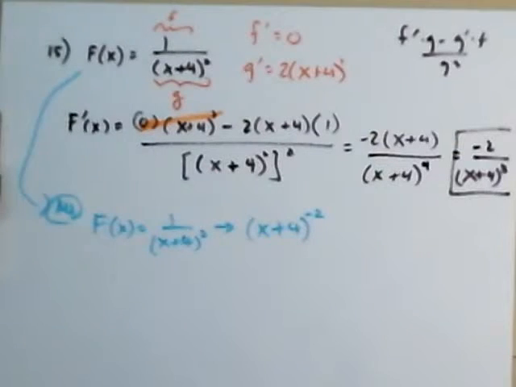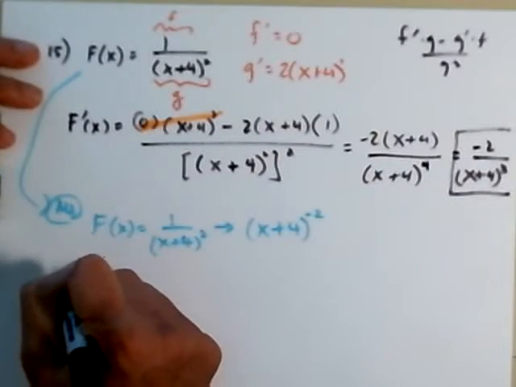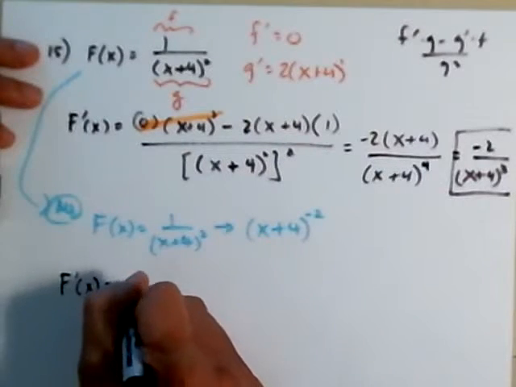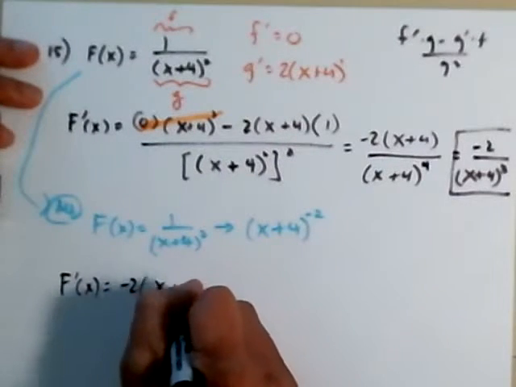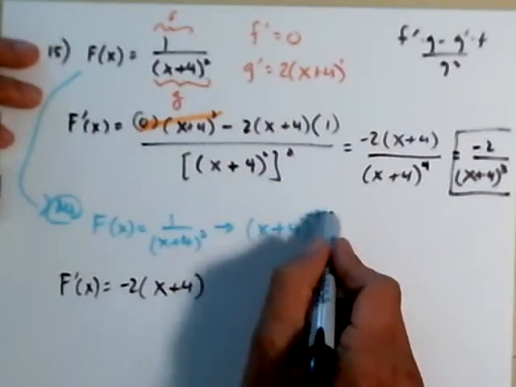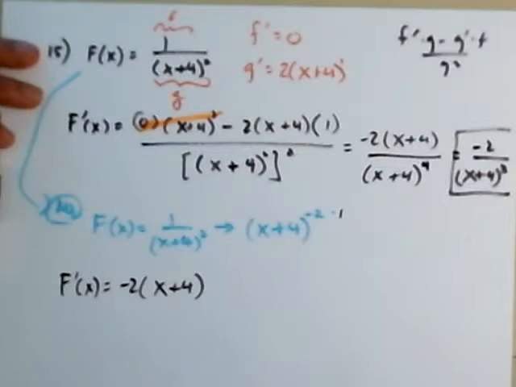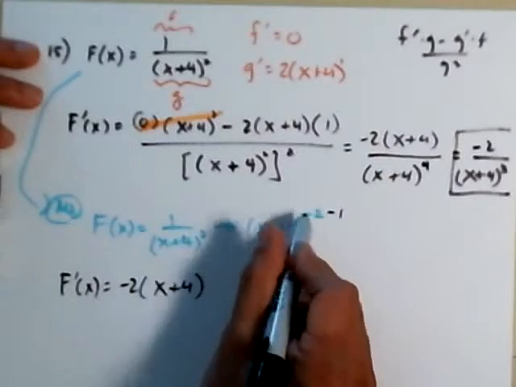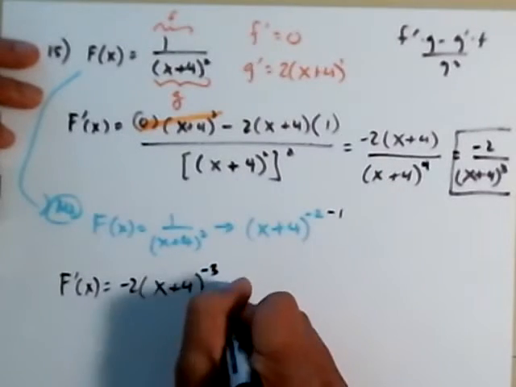In this case, what we're going to do is use the quotient rule. I mean, not the quotient rule, the power rule. So what's f prime of x? Bring it on down. That's the power rule. Minus 2, (x plus 4). We subtract 1. Don't forget to subtract 1, okay? That's going to be negative 2 minus 1, which is negative 3.